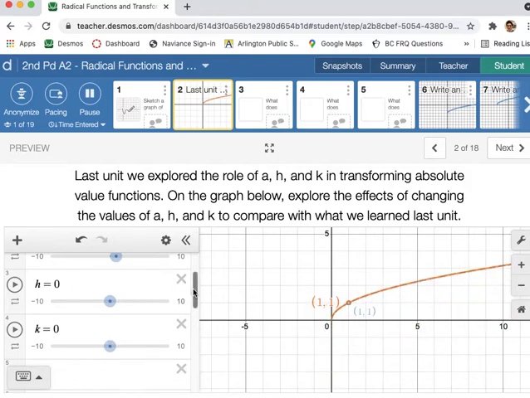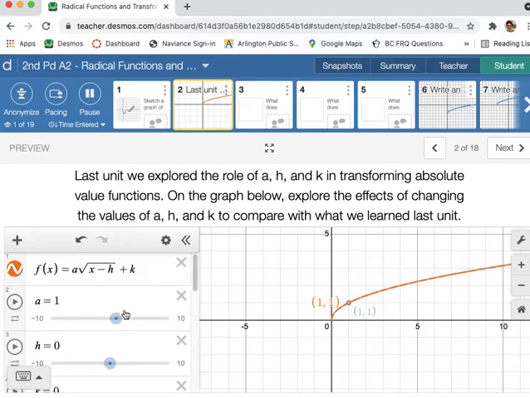If we talk about the a, multiplying, look what happens when we multiply the graph. We know it stretches it out, makes it taller, or steeper is a good word for it. But I want you to focus on the numbering here. Not only does it make it steeper, that's a little bit too vague, but notice how when the a is 3, our y value at this point, which was 1, 1, is now 1, 3.